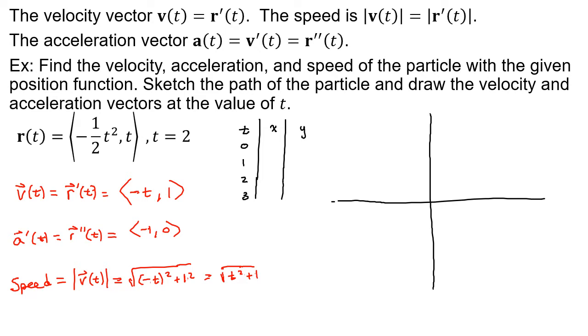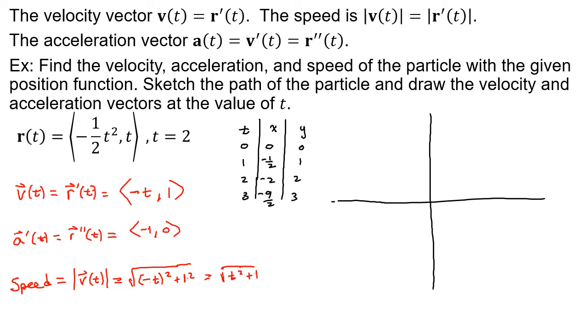If I do 0, I'll get the point 0, 0. If I plug in 1, I'll get negative 1/2 and 1. If I plug in 2, 2 squared is 4, half of 4 is 2, so I'll get negative 2 and 2. And if I plug in 3, 3 squared is 9, so I'll get negative 9/2, which is 4.5, and 3.